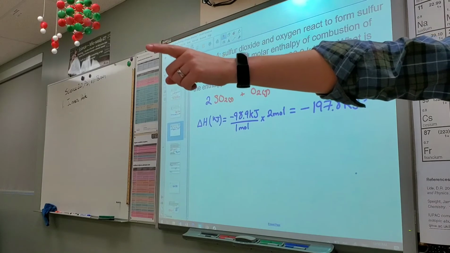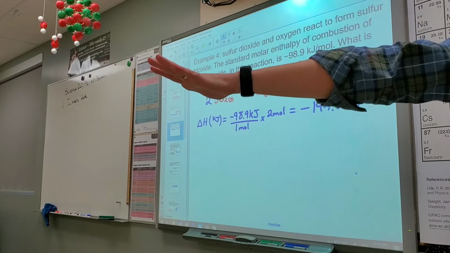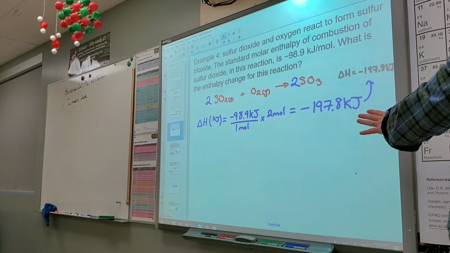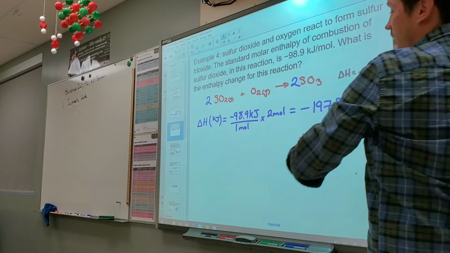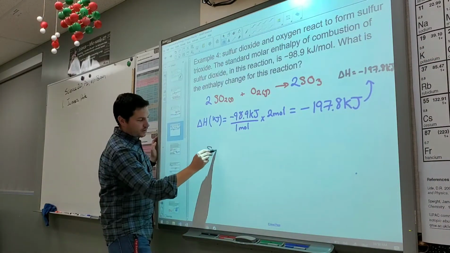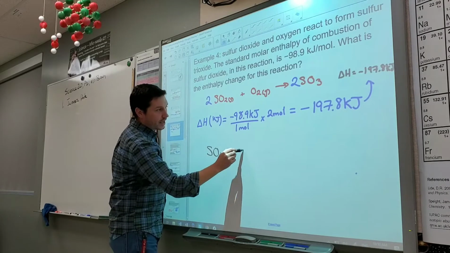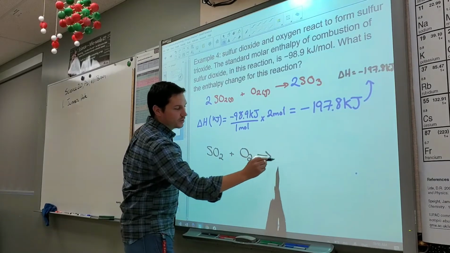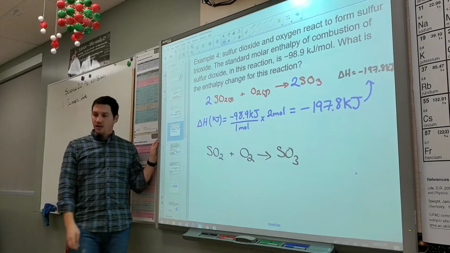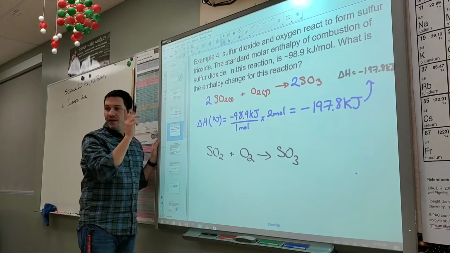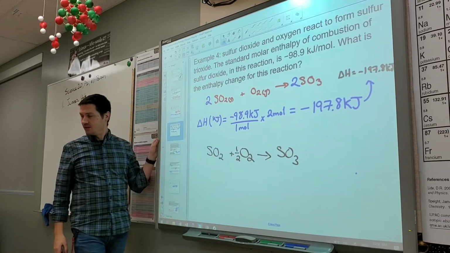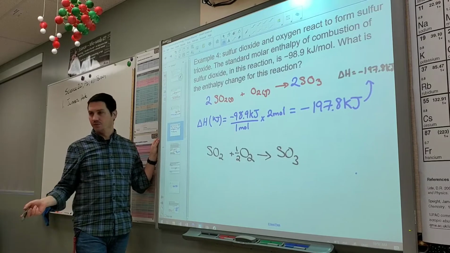So that's totally fine. What I did here is I wrote down that when you have SO2 reacting with O2 to give you SO3, SO2 only has to react with half of a molecule of oxygen to make SO3.